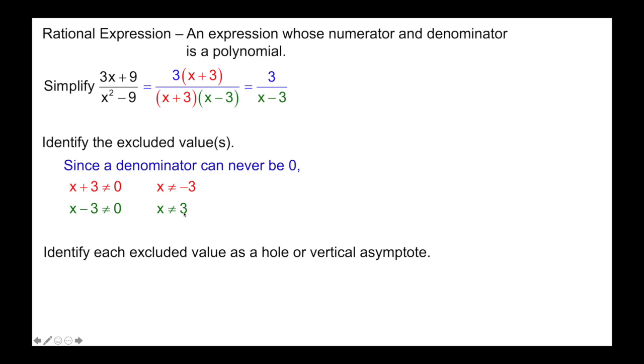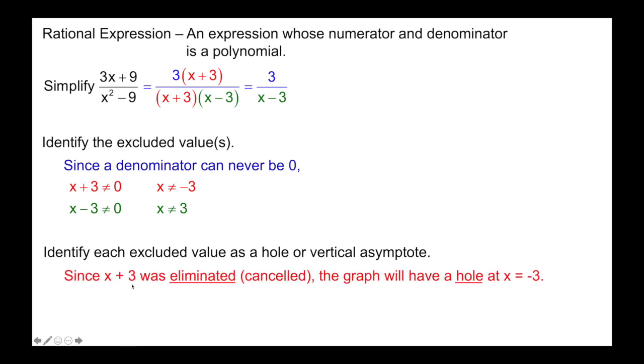Now in the next part, we want to identify these excluded values as a hole or a vertical asymptote. Because we're eliminating the x plus 3's in this case, the part that's canceled is going to create a hole in the graph. And that hole is going to be at its corresponding value. So when I said that those could not be equal to 0 and our result was negative 3, that's why we're going to have a hole at negative 3.